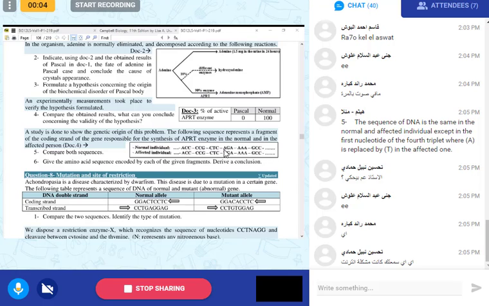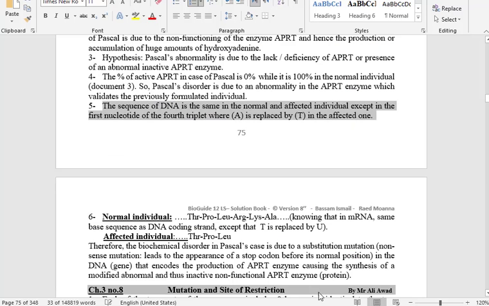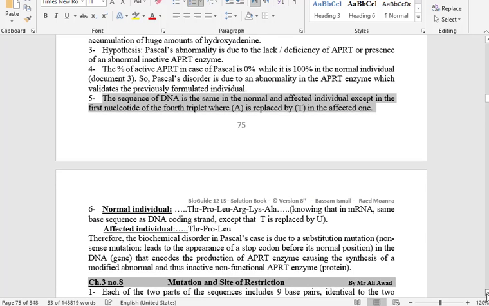Okay Jana, is this the coding or non-coding strand? The coding. They told us this is the coding strand. So from this one I make the complementary messenger RNA, AU, UGG, GGC and so on in both. Then I make the amino acid sequence. Then I derive a conclusion.